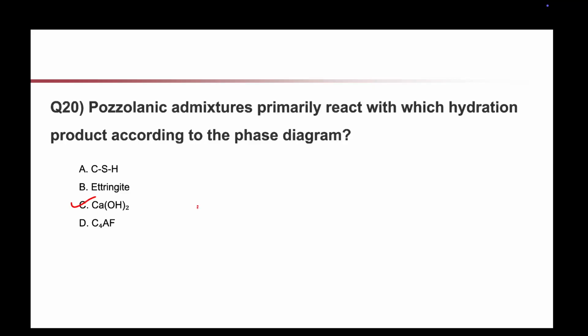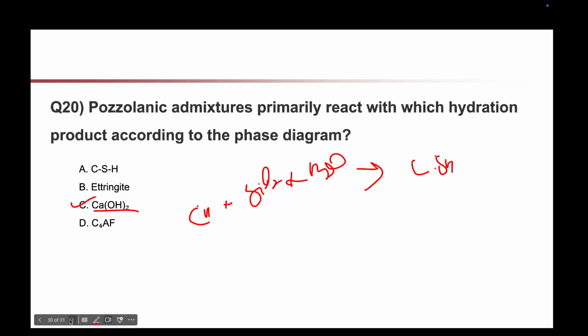So your calcium hydroxide, CH, we have seen this equation before, plus silica, SiO2, and water, they will form CSH. Sorry for my writing. So the hydration product is calcium hydroxide actually.